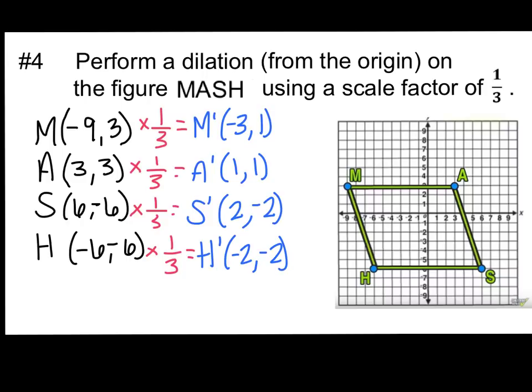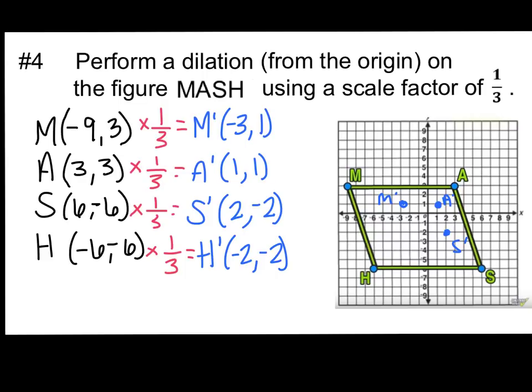So we need to go ahead and plot our new points. M prime, negative 3, 1 would be right here. 1, 1 right here would be A prime. 2, negative 2 down here, S prime.